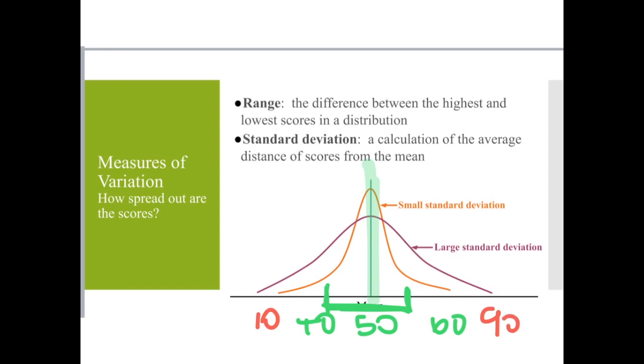That range is bigger. The average that we're seeing our scores vary from the mean is going to be different. We're going to have more scores over here, maybe some scores all bunched here, and like that. Whereas if we're looking at that small standard deviation, everybody's pretty close to this mean number of 50.